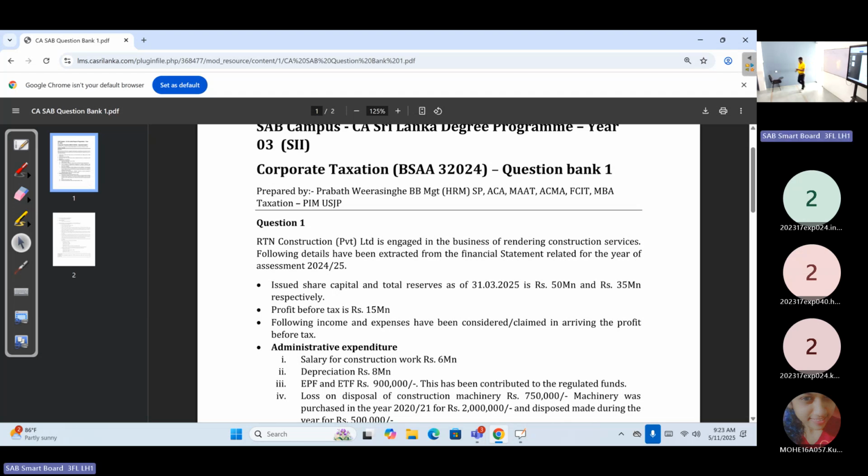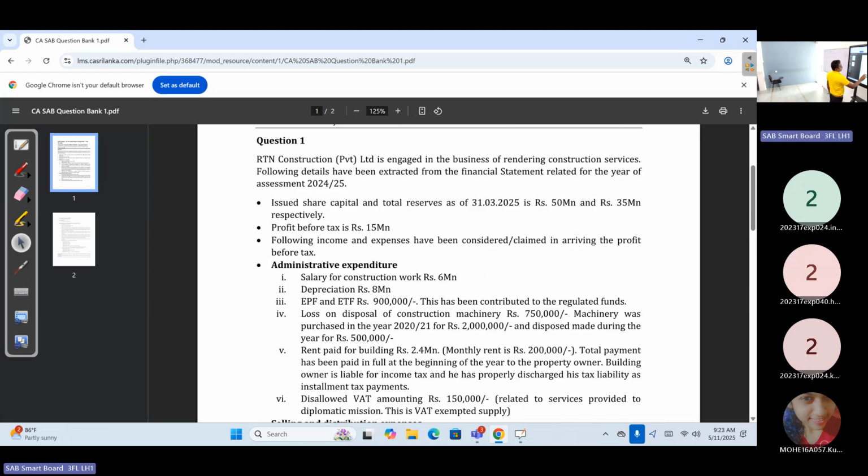From there we have to check whether anything needs to be removed. This one has no impact on the profit before tax.